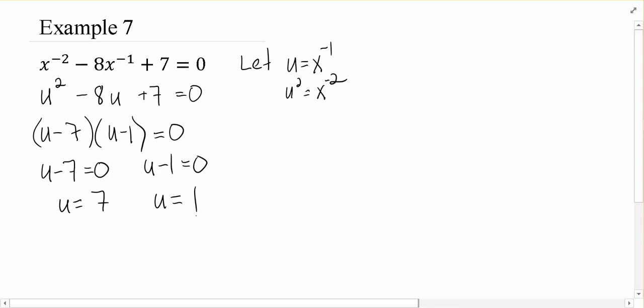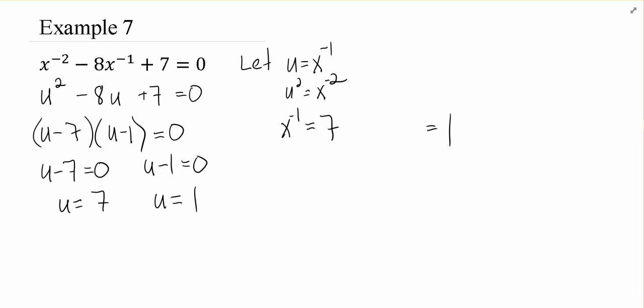Now, in order to solve for x, instead of U equals 7, remember that U was the same thing as x to the negative first. And instead of U equaling 1, U was the same thing as x to the negative first.